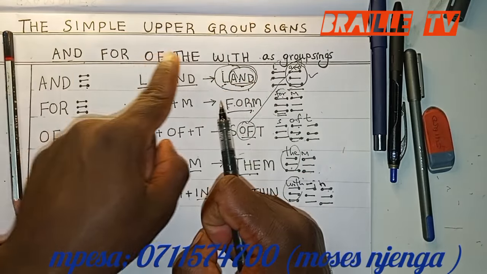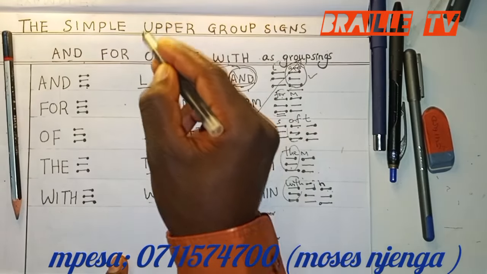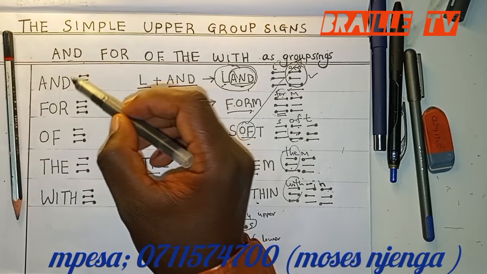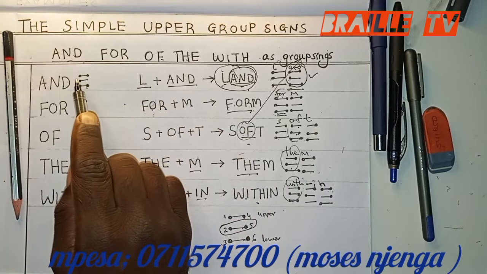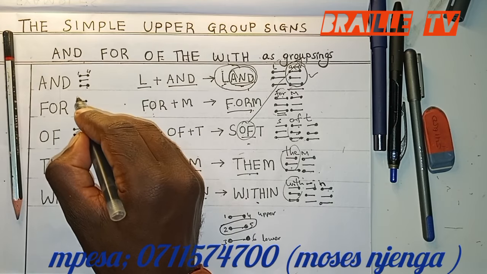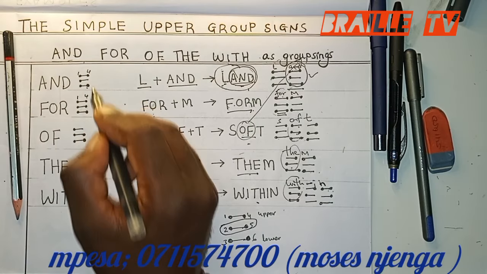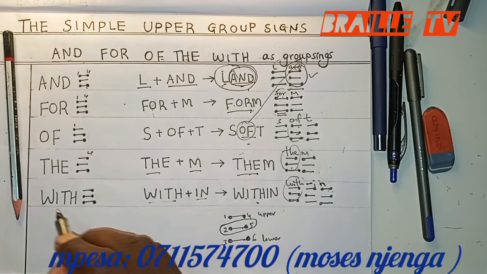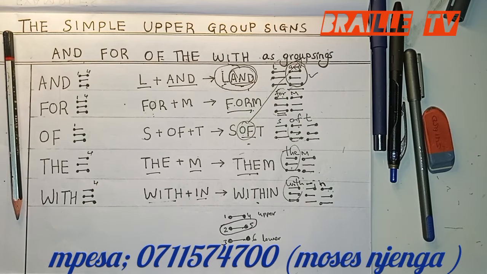This is for and, for, of, the, with. Again, we call them upper because all of them have a dot in the upper part. For example, and has got dot 1 and dot 4. For has got dot 1 and dot 4 as well. Of has got only dot 1. The has got dot 4. With has also got dot 4.